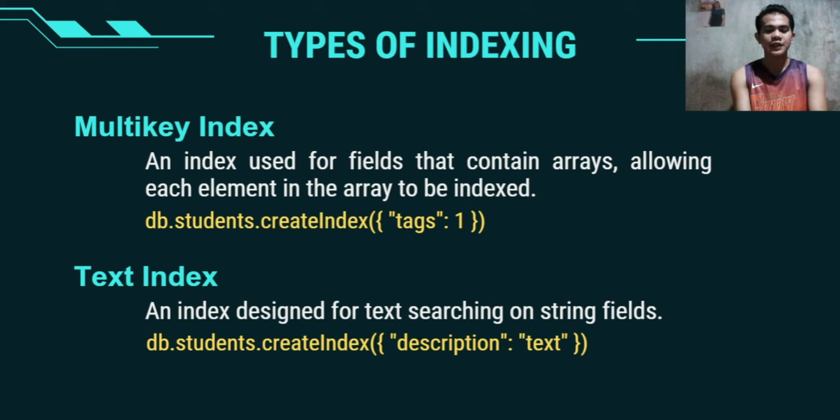This is particularly effective for queries on array data, like when looking up students enrolled in specific courses. If the courses field is an array, by indexing each array element, MongoDB can retrieve records faster based on array contents. For example, in enrolled courses, there are 4 arrays in enroll, and you index them.